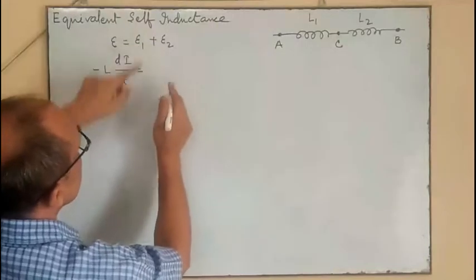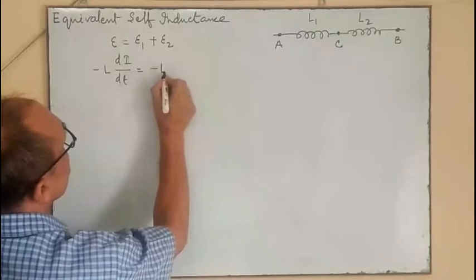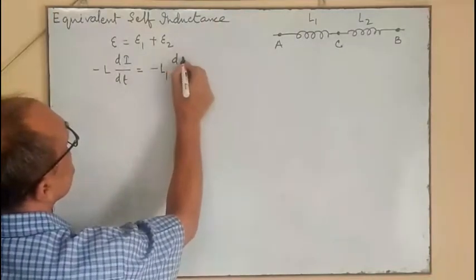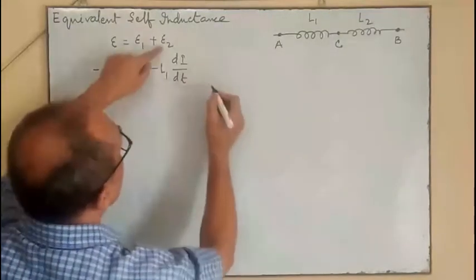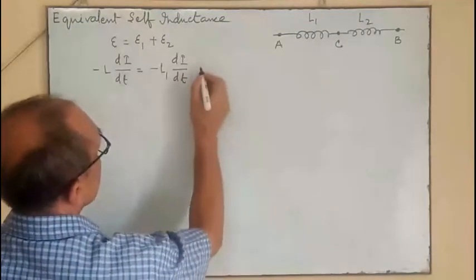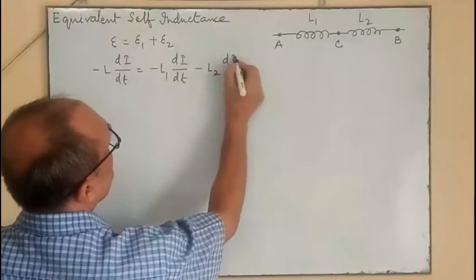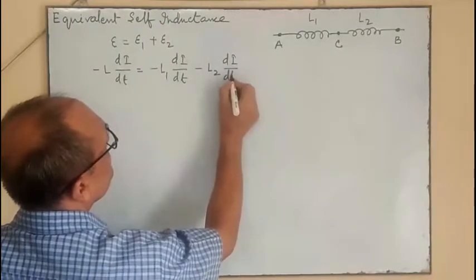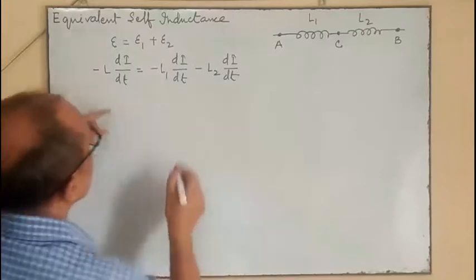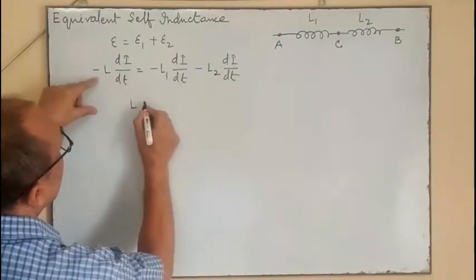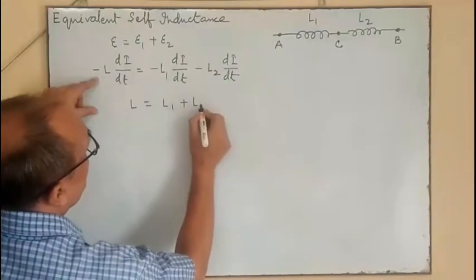So E1 equals minus L1 di by dt, and E2 equals, in the same way, minus L2 di by dt. Now solving this, we will find L equals L1 plus L2.